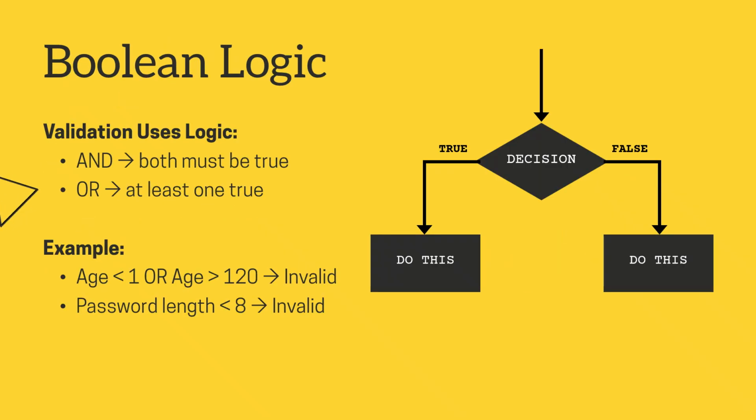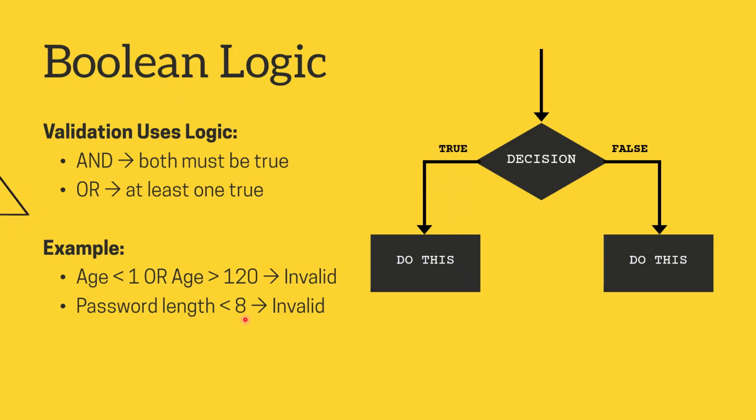Now, input validation usually involves Boolean logic. That's just a fancy term for conditions that are true or false. For example, if age is less than 1 or age is greater than 120, that's a Boolean expression. Is password length less than 8?